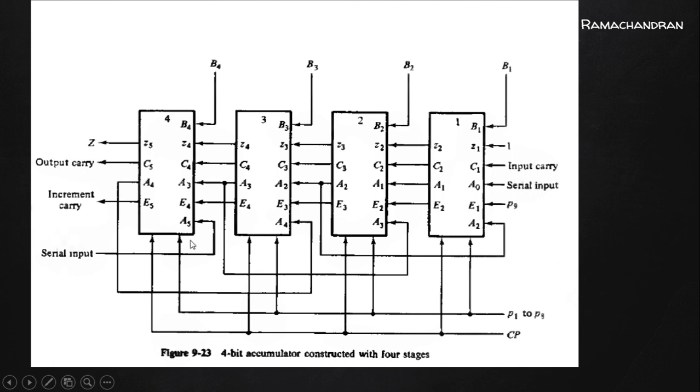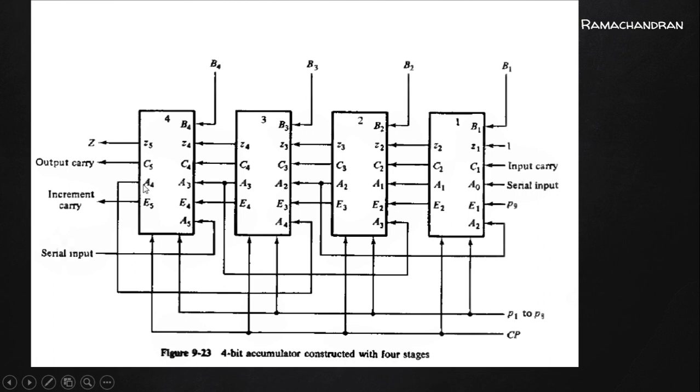Okay, and similarly for shift right operation, an external input is given to the vacant position generated in the MSB bit position. So after shifting, the A4 value is filled from the previous state value of the A5 position.